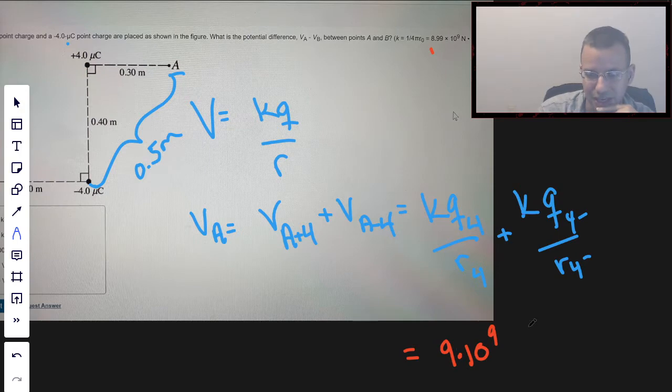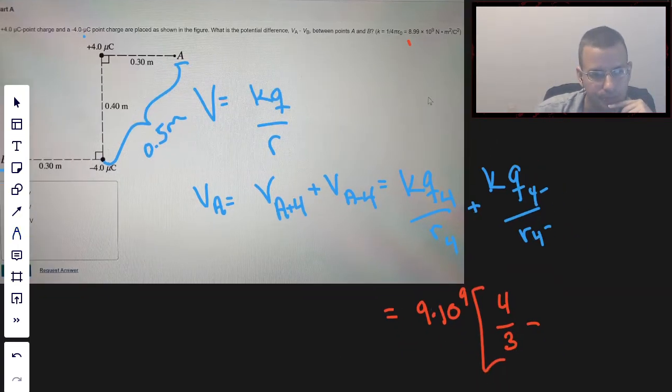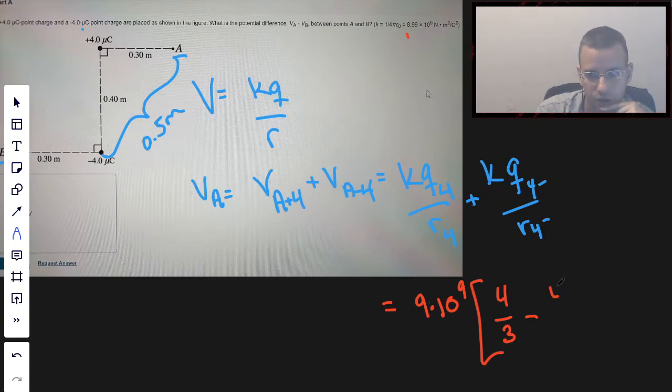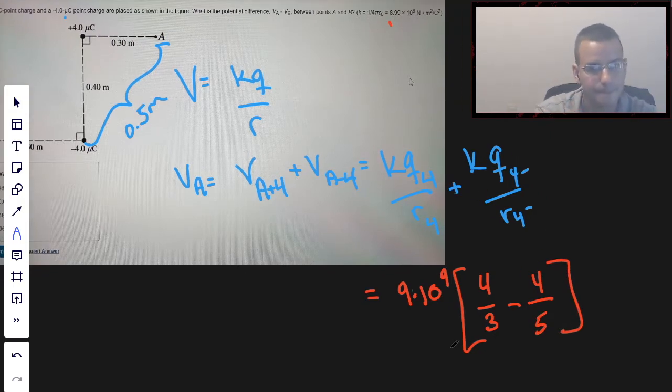So it'll be 9 times 10 to the 9th times 4 over a distance of 0.3, minus, because Q4 minus is negative, 4 over a distance of 0.5. And we're going to multiply this by 10 to the negative 6 because they're micro.